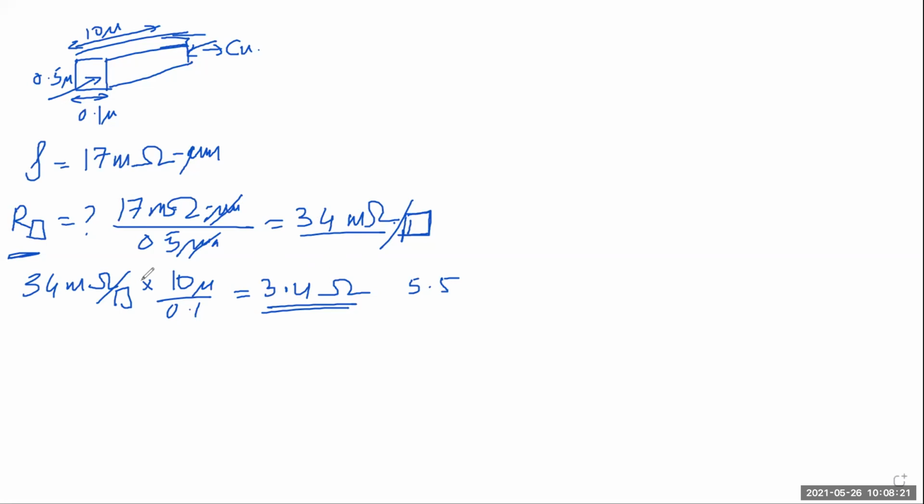And for example, now if you have a tungsten via, we calculated the tungsten via. This was 0.1 by 0.1, and it was 2 micrometer height.